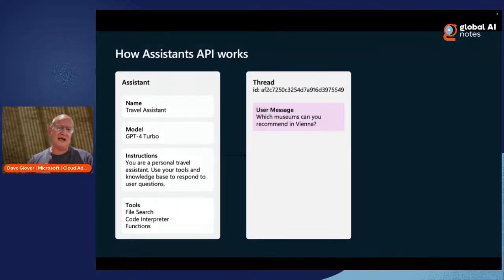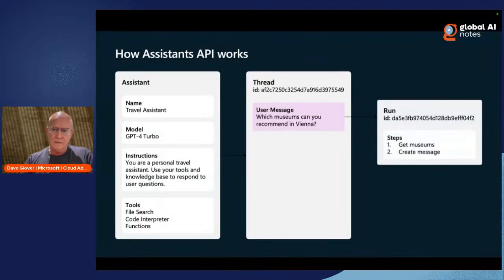So the user might say, hey, which museums can you recommend in Vienna? And then what would happen is that you would get what's called a run. And the run would basically take that thread and run it past the GPT-4 Turbo model. And you'd get back a response. This would be the assistant message.